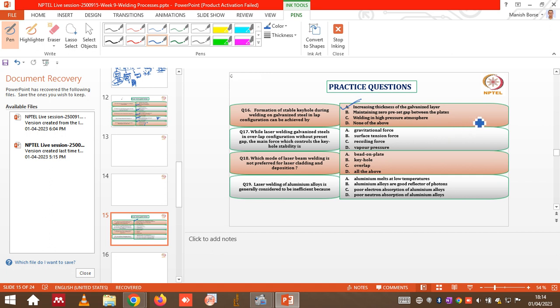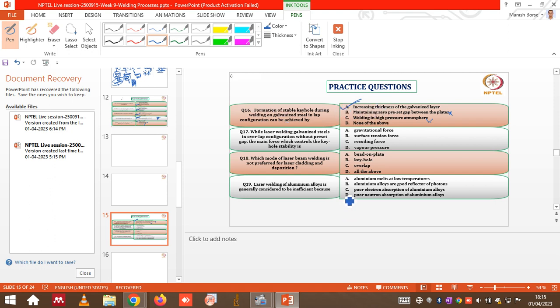So in such cases we never come up with the keyhole. So welding in a high pressure atmosphere is not good for formation of a stable keyhole, and this option can also be ruled out. So option A is the correct one for the 16th question.